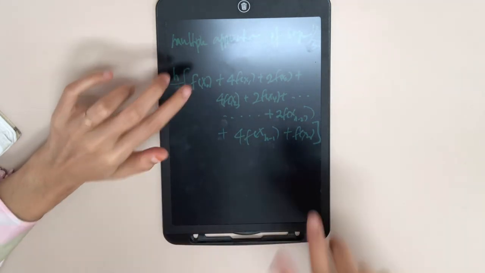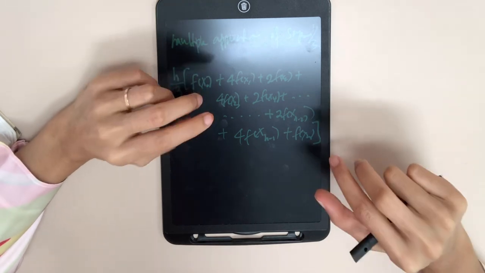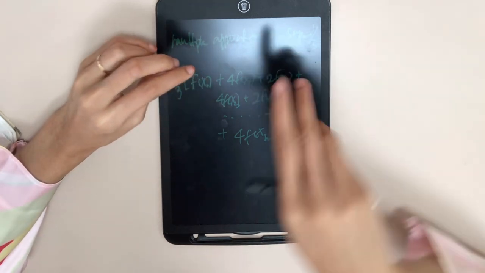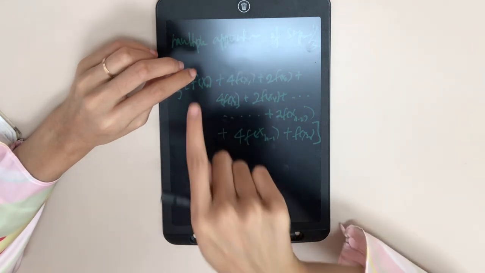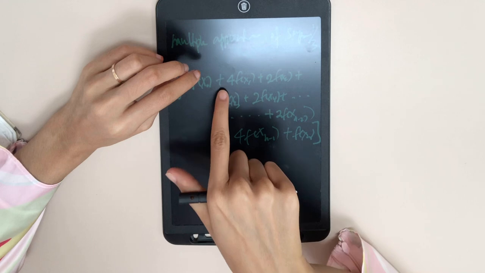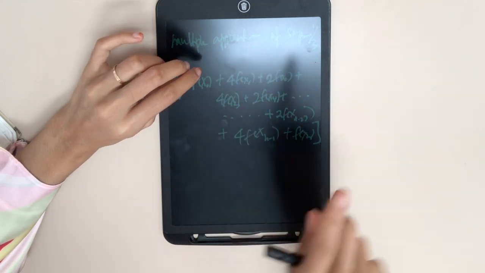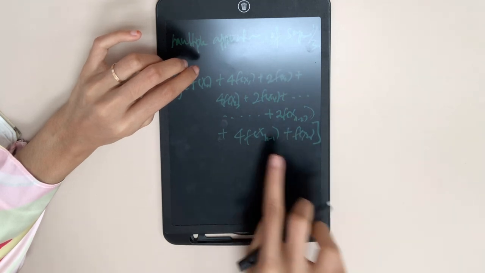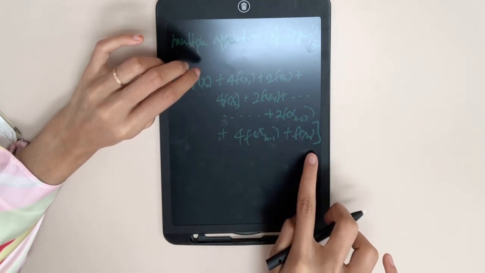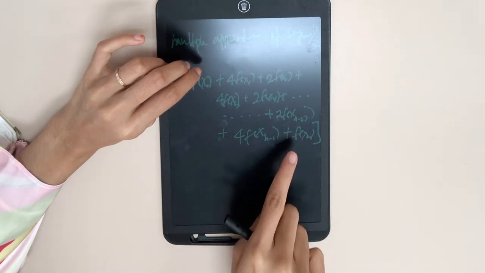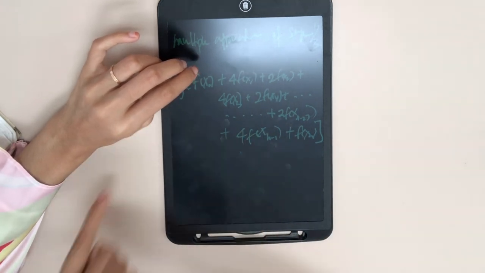The first and the last one must be just itself, which is f(x0), the first one, and the last one is f(xn), and then in between it alternates. Between the first and the last it alternates 4, 2, 4, 2, 4, 2. The last two before you end with the last point must be 2 and 4, which means before the last must be 4 and before that is 2.